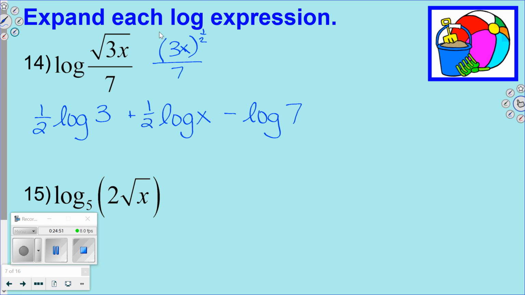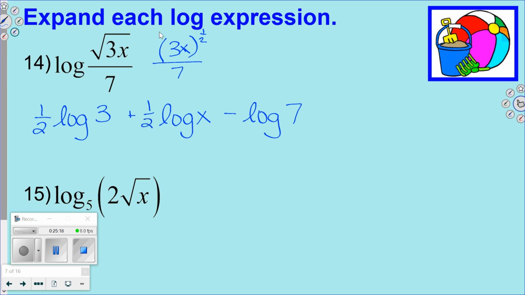What part do I think that she was probably going to forget? The half. There's a half on both of these, because that exponent goes on both of those. So we need to make sure that gets attached to both. Otherwise, we would only assume it's the square root of 3, not the square root also of the x. If you have more than one thing underneath that radical, they all need that part attached to them.